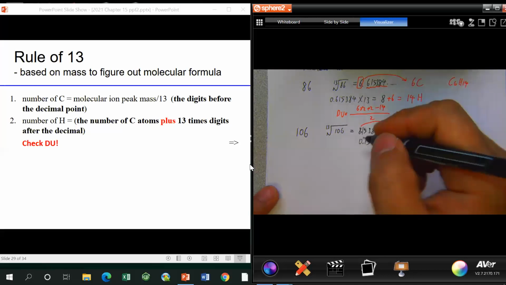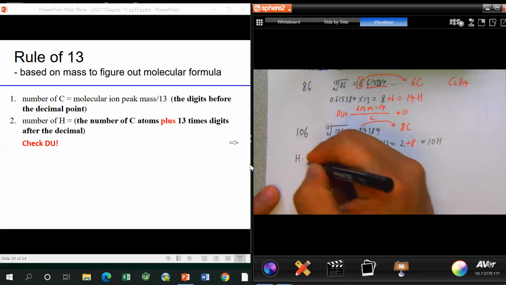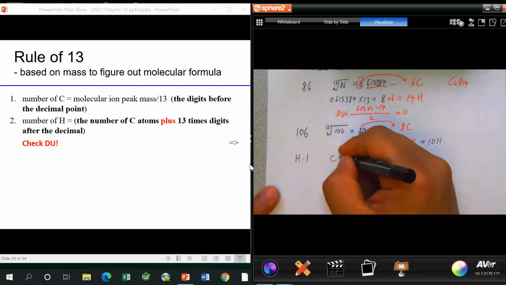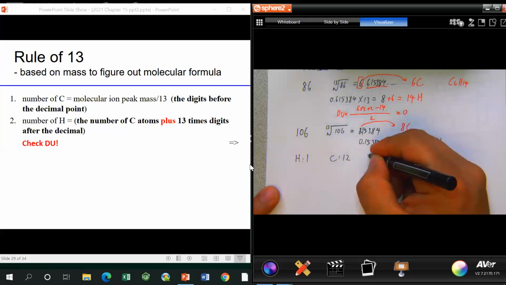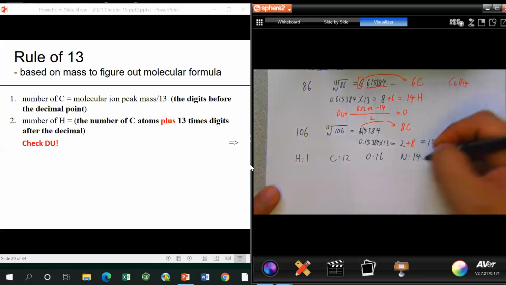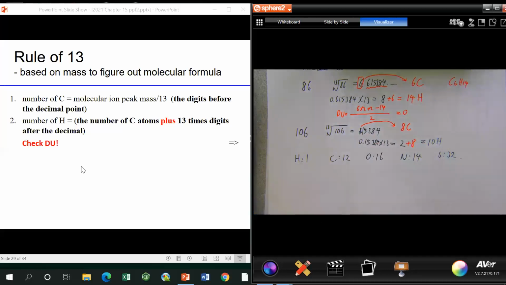Before that, keep in mind the mass of each individual atom. Hydrogen is 1, carbon mass is 12, oxygen mass is 16, nitrogen mass is 14, and sulfur mass is 32. Now we can do the replacement.